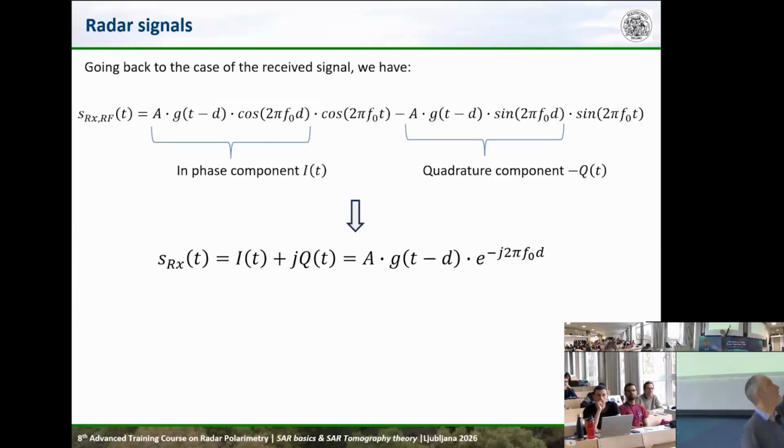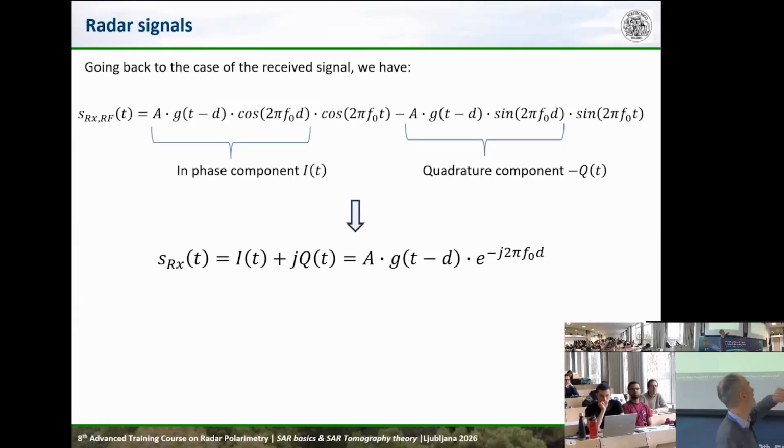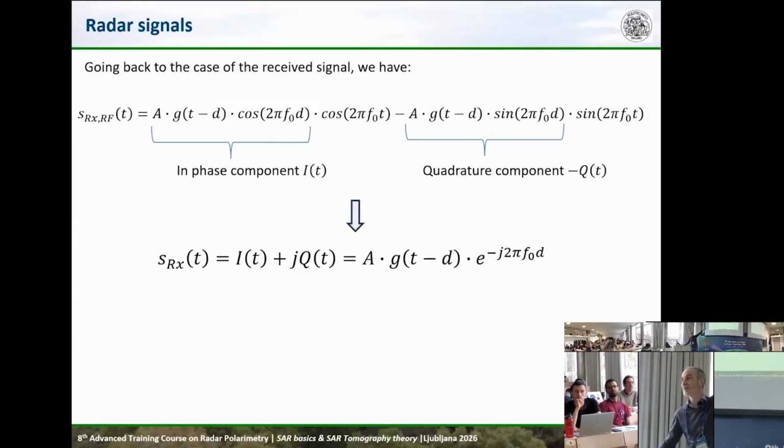You see, we have an exponential whose argument is 2 pi f0 d. And I forgot to mention, and I'm sorry, I'm just noticing now. So this, the argument of the exponential with the j is exactly the phase theta that we just defined.